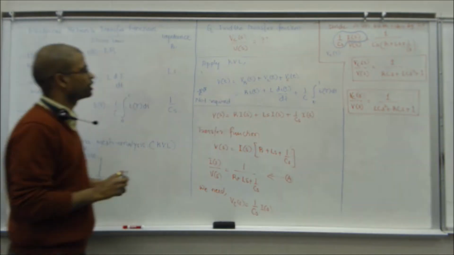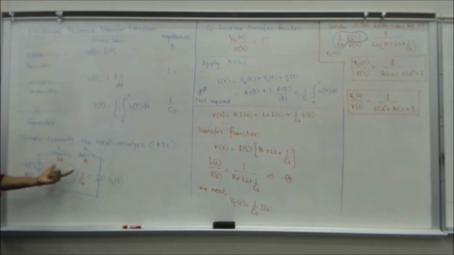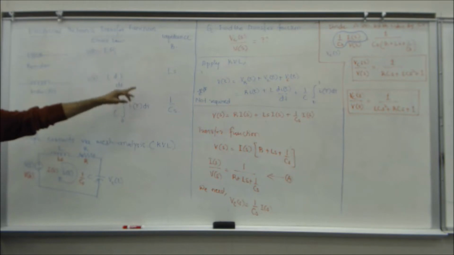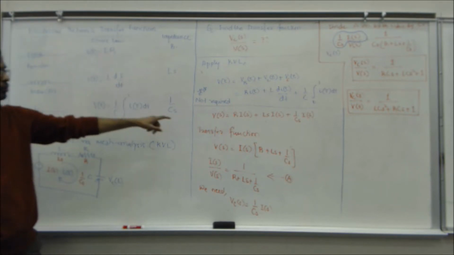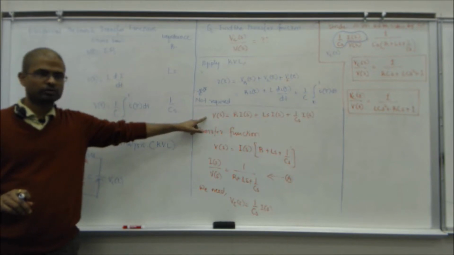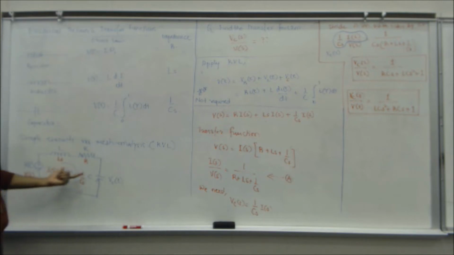That's the reason I'm saying, if you are given a circuit, the first thing you're going to do is redraw the circuit in your assignment or exam and write the impedances. And then start with this. If it's Kirchhoff's voltage law, start with this: input voltage is equal to output voltage for any mesh.